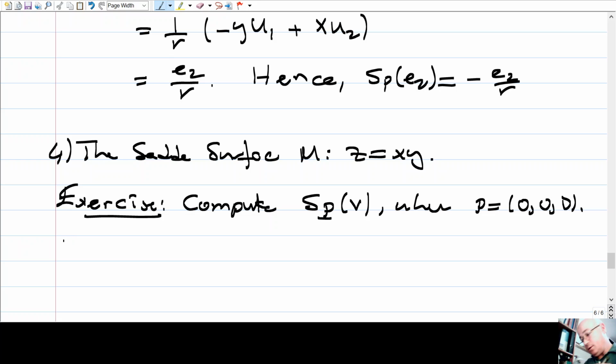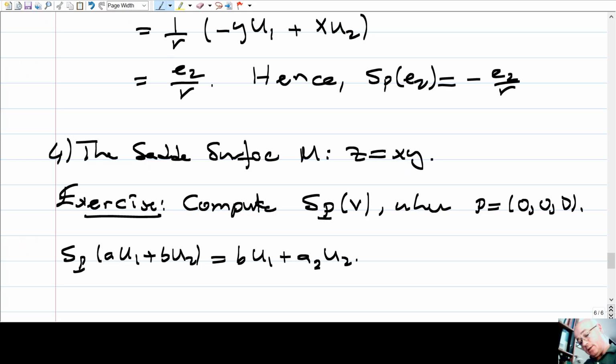Actually, the answer is this. It should be B U1 plus A U2. Later, we will come back to this actually and see how we can compute this.